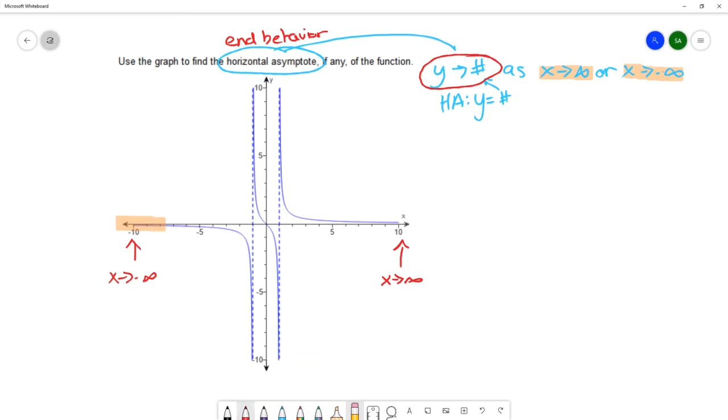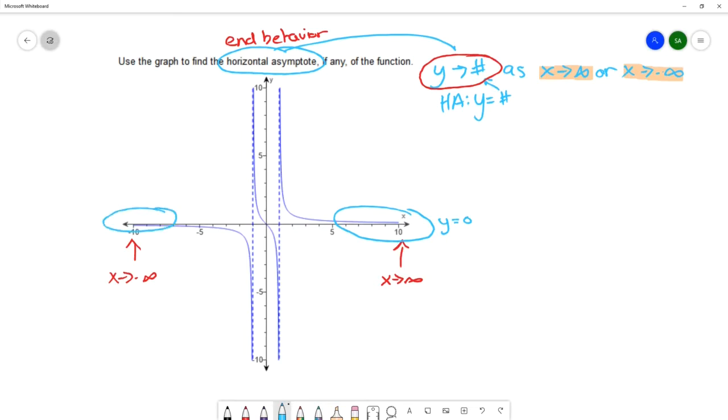What I notice is that this portion of the graph has the y getting closer and closer to the x-axis, and that is to a y of 0. And the same thing happens on the other end of the graph as well.